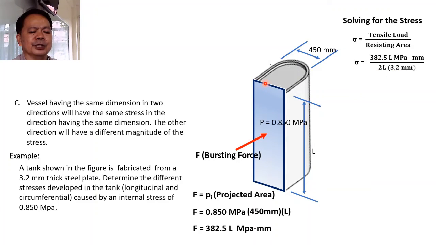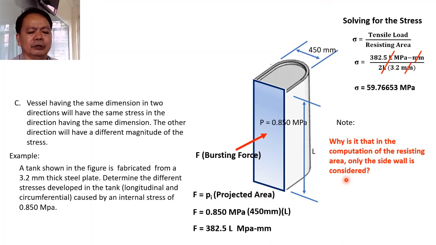Why we have not considered this part of this vessel? I will explain to you later on. So when we cancel that L and the millimeter, we will be having a resulting unit of megapascal, and so the stress becomes equal to 59.766 megapascal.